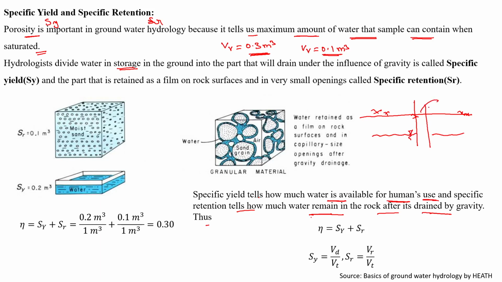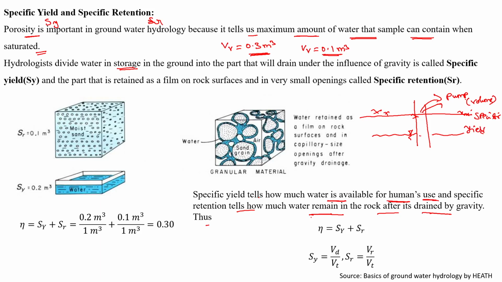Dig a well and I pump the water. How much volume you are able to take out from this aquifer can be called the specific yield.